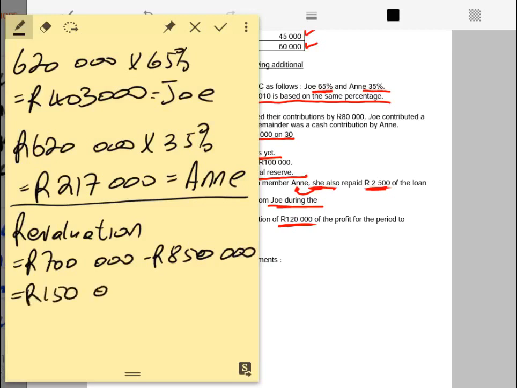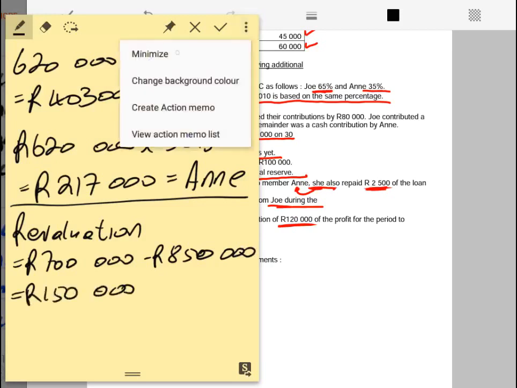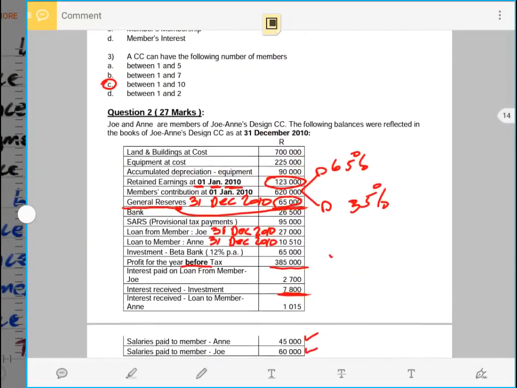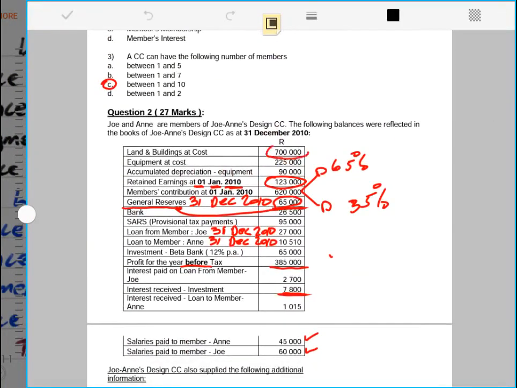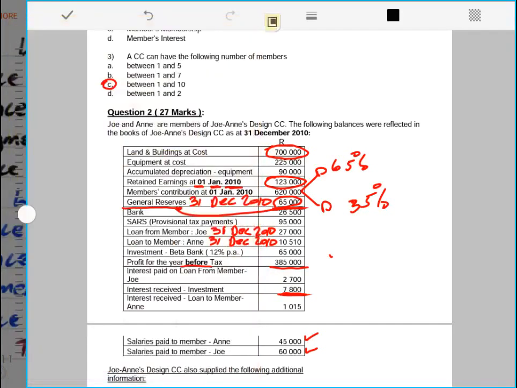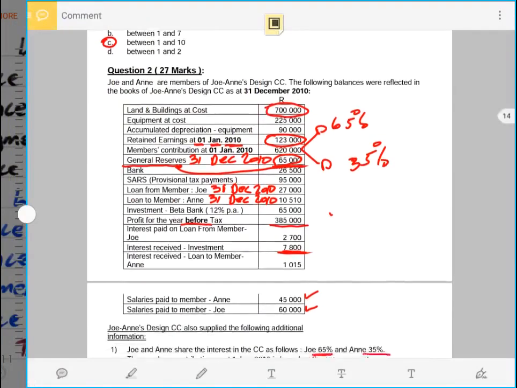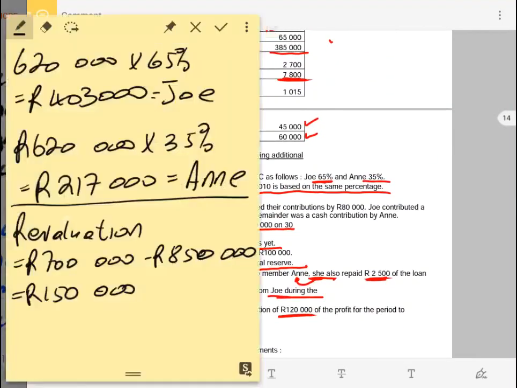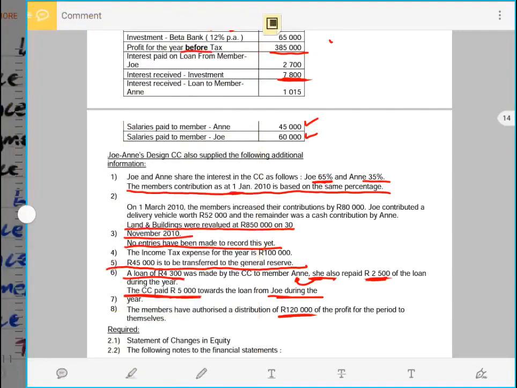us 150,000 rands. Remember, 700,000 rands is the value of the land in the beginning of the year. So now 700,000 rands minus 850,000 rands, which is the revalued amount of the land during the year under adjustment number 2, gives us an amount of 150,000 rands for the revaluation of property.